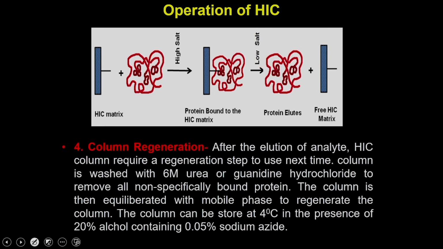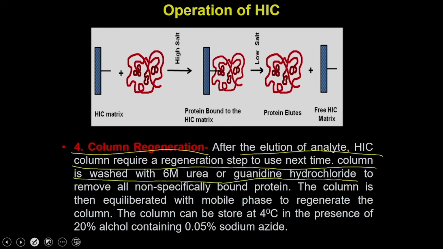Now, once the column run is over, you have to regenerate the column. After the elution of an analyte, the HIC column requires a regeneration step before it can be used the next time. The column is washed with 6 molar urea or guanidinium hydrochloride to remove all non-specifically bound proteins.